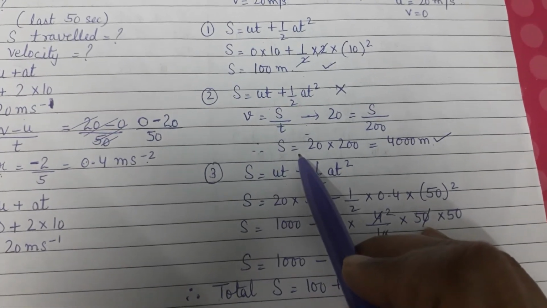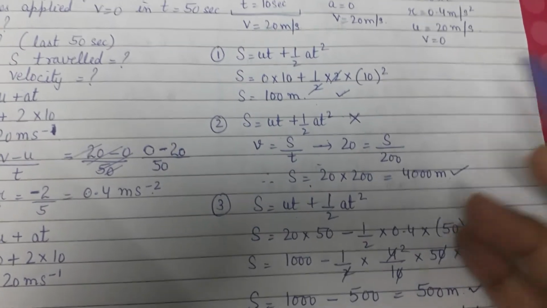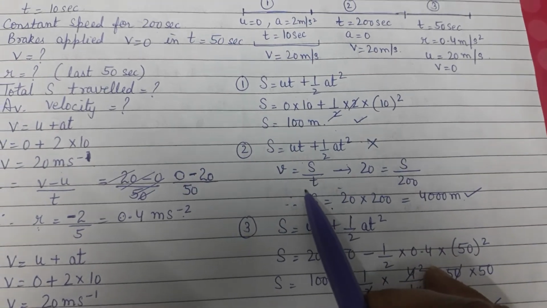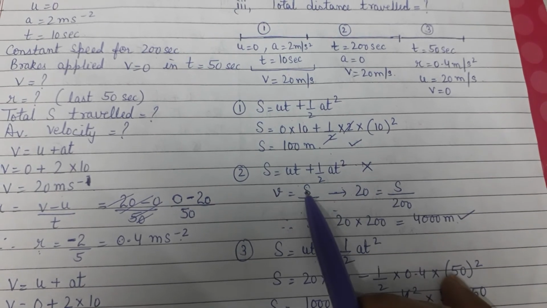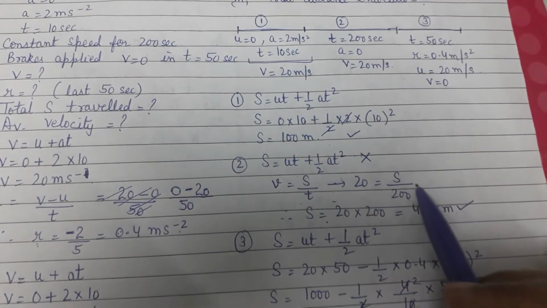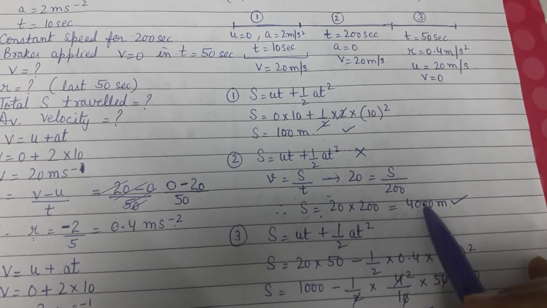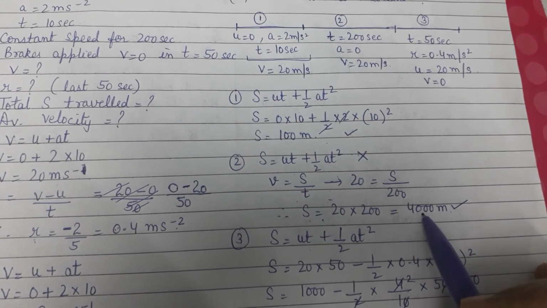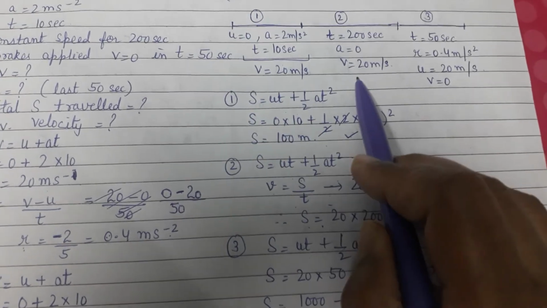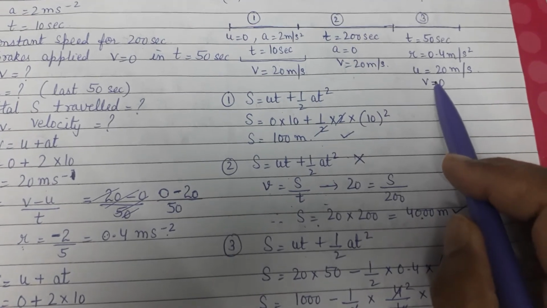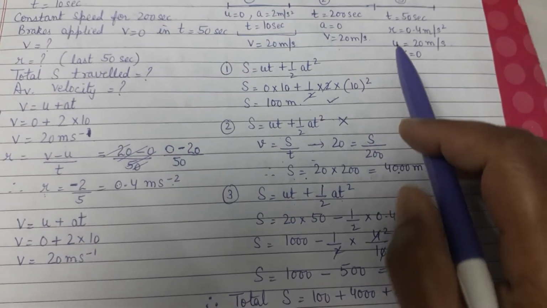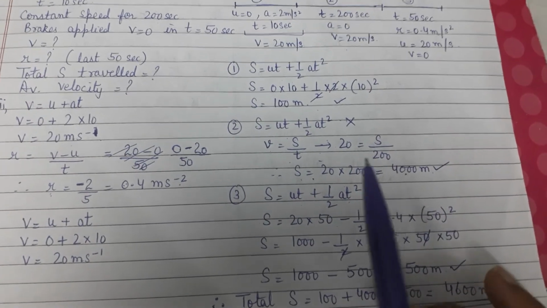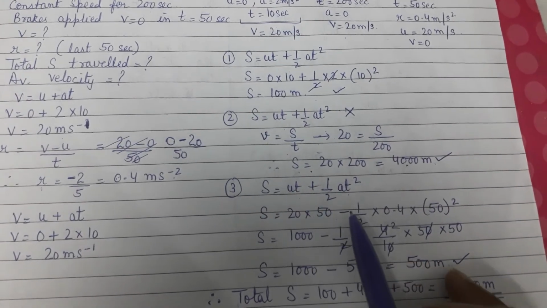In the second case, I'm going to use the simple formula, speed is equal to distance upon time. When I put the value of speed 20, distance I need to find out, time is 200 seconds, I get the value of the second distance to be 4000 meters. And for the third slot, again I use S is equal to UT plus half AT square, and remember children, it will be UT minus half AT square.